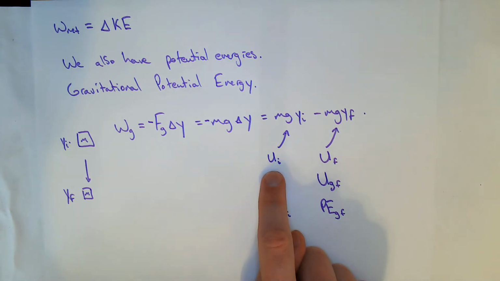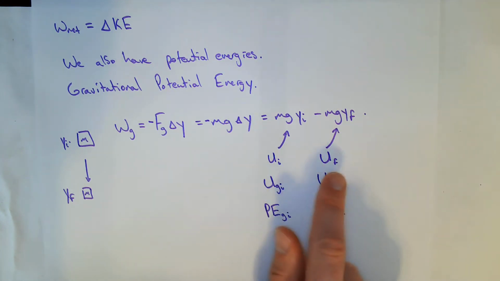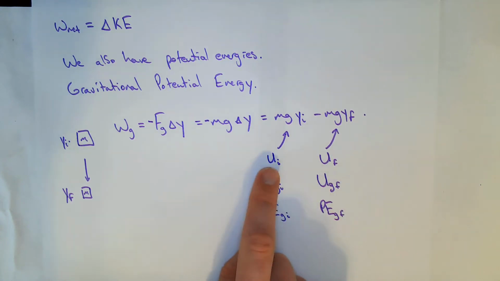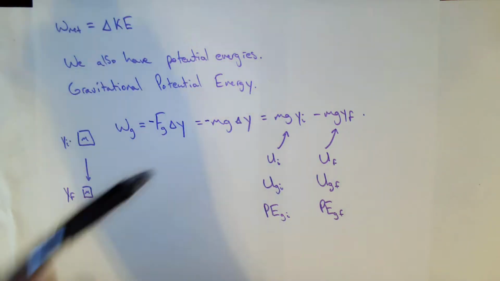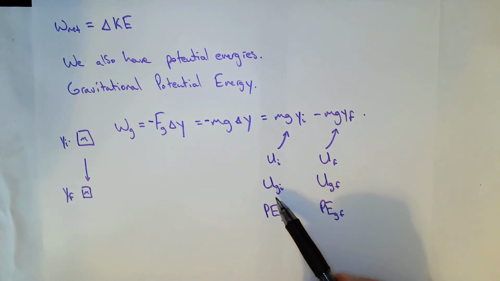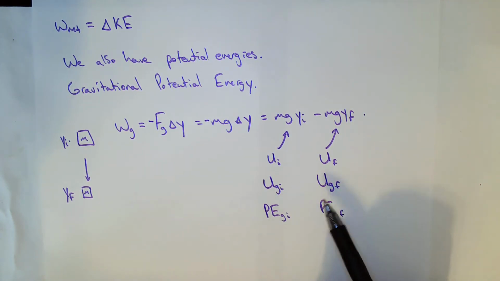So typically U is used for just potential energies in general. So if you see a U involved, really it should be subscripted, or it should be obvious from context what kind of potential energy you're talking about. That's why you sometimes see people using the G to denote that this is gravitational potential energy.